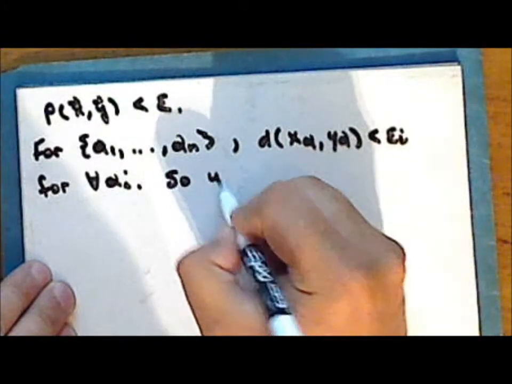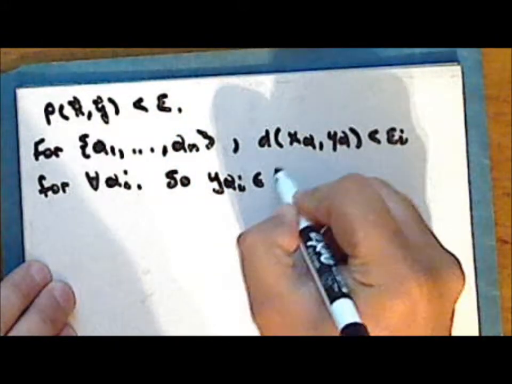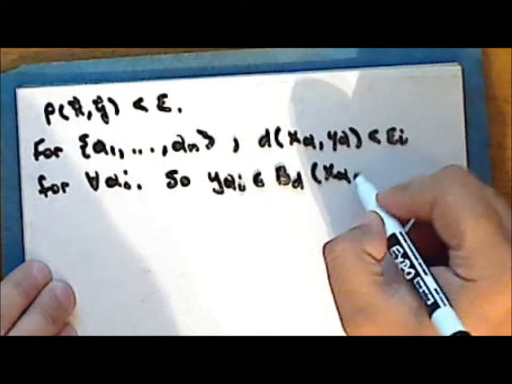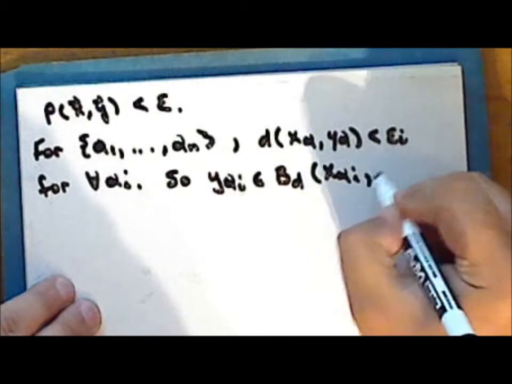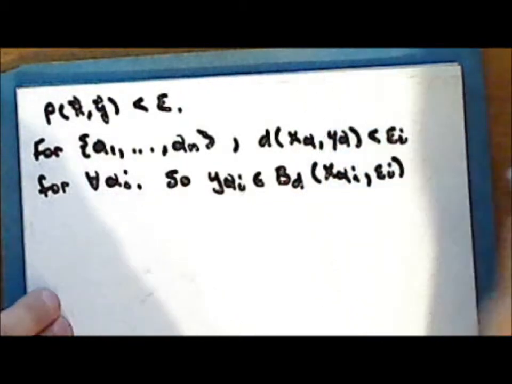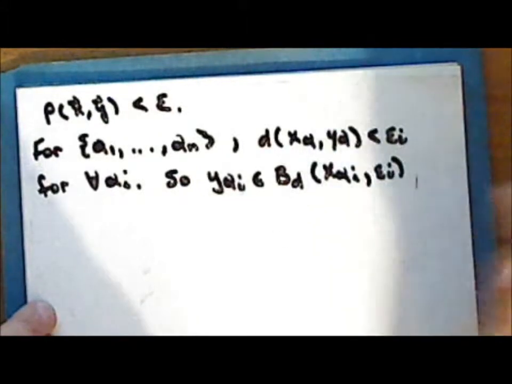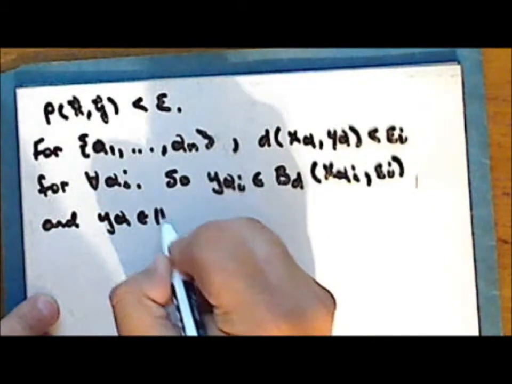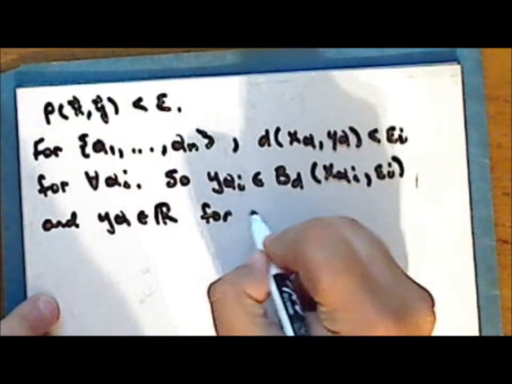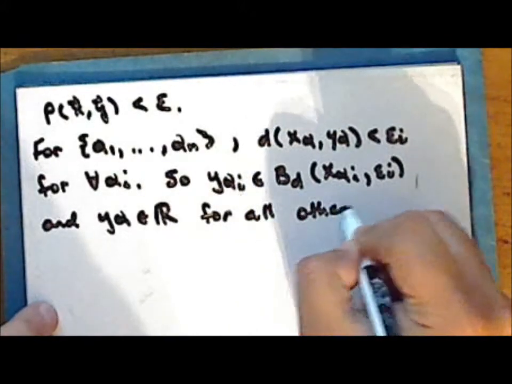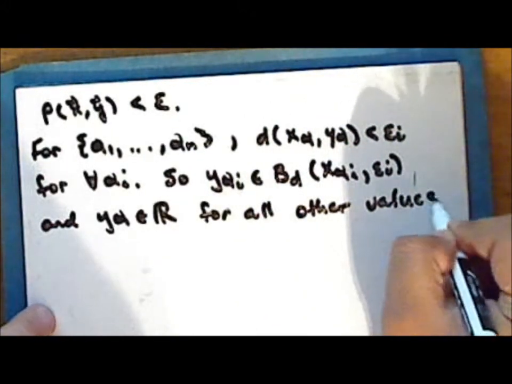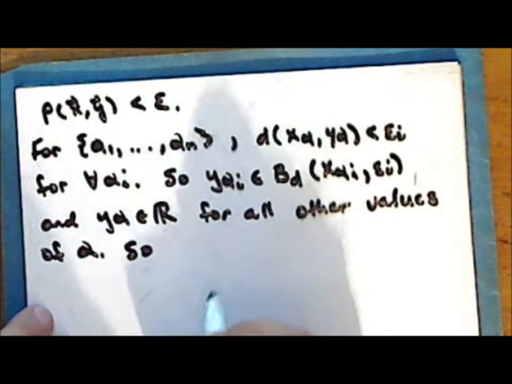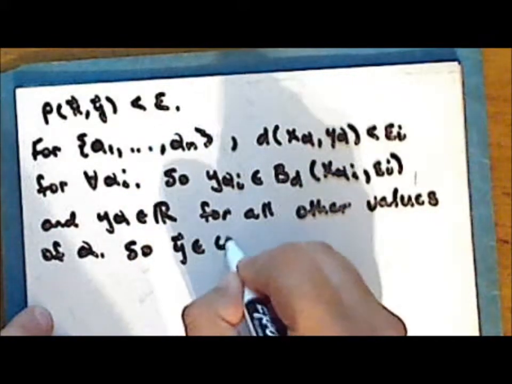So the coordinate y alpha i is in the open ball in the standard bounded metric centered at x alpha i with radius epsilon sub i, and the coordinate y alpha is in the real line for all other values of alpha. And so we have that the point y is in the set U.